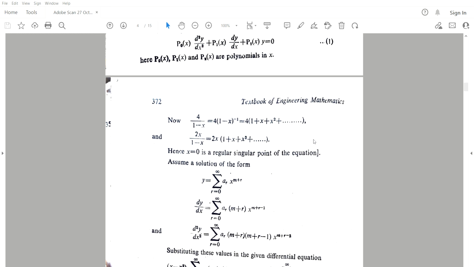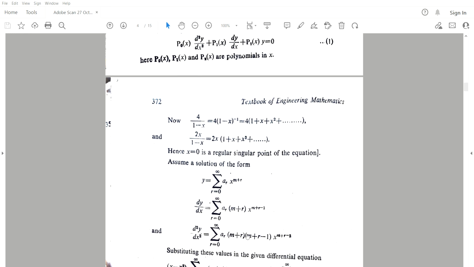Come to page 371. These are the discussion for regular and irregular. I think your Grewal book has given a better definition for regular and irregular singularity.